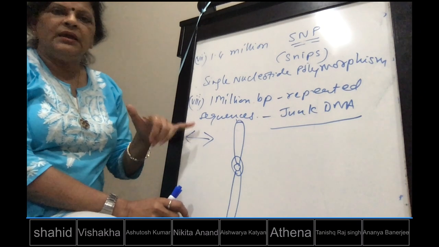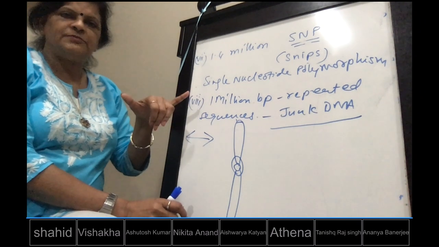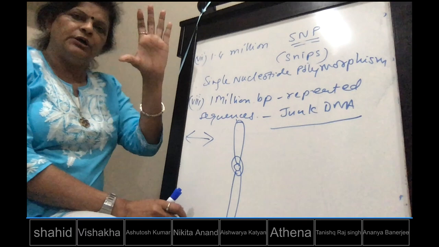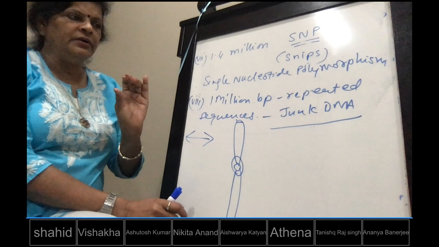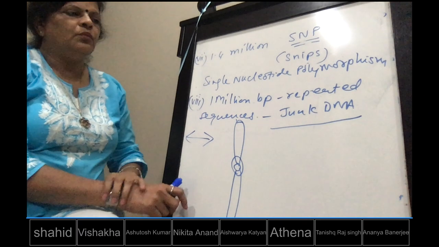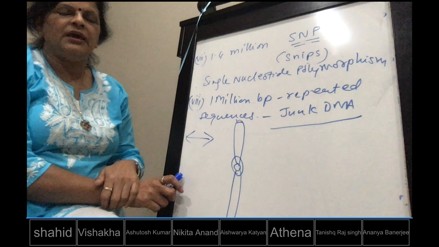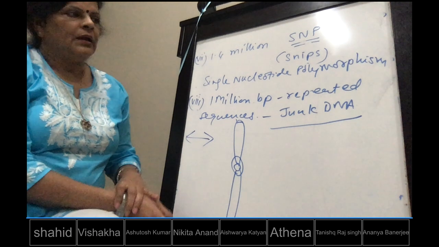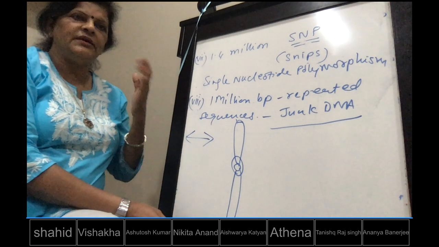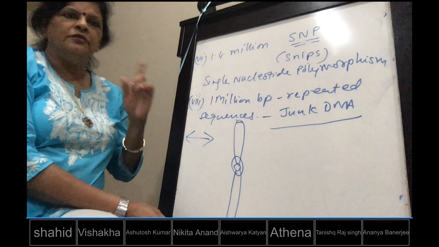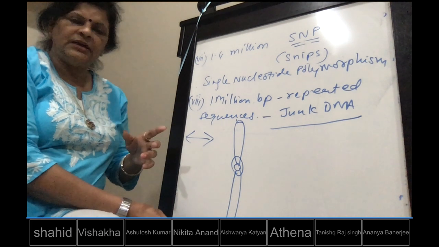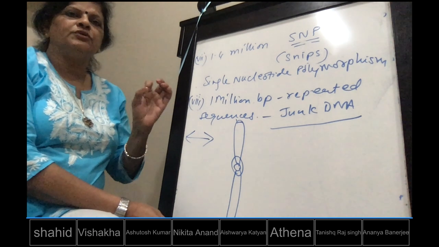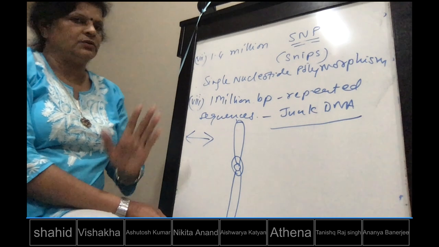And junk DNA, how many million? 1 million base pairs, and they are located at the terminal ends or the centromere. And basically, what is the importance? We will now study it in DNA fingerprinting. And which chromosome has the highest number of genes? First chromosome, 2968. Least number of genes in which chromosome? 231, that is the Y chromosome.